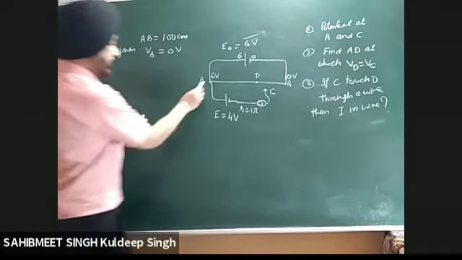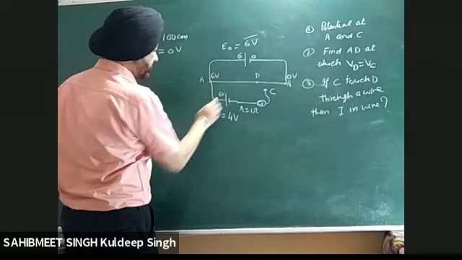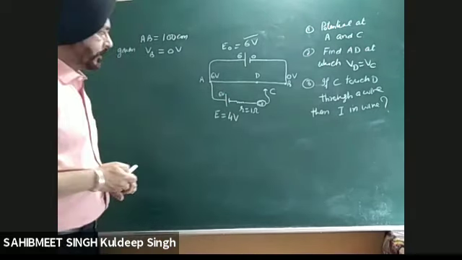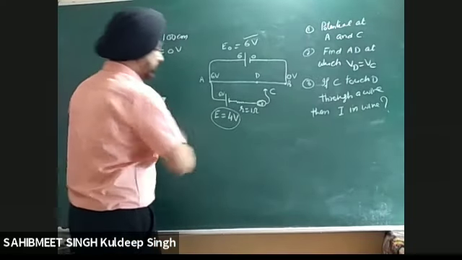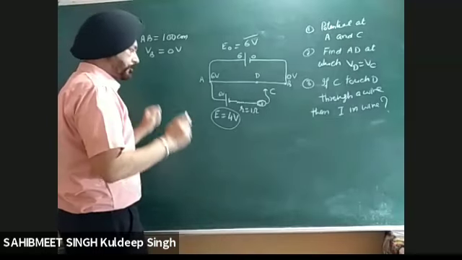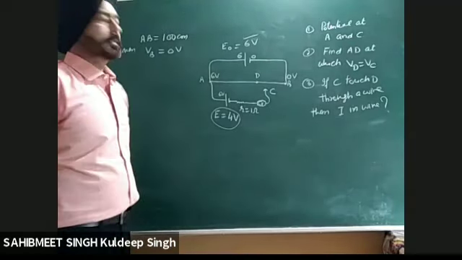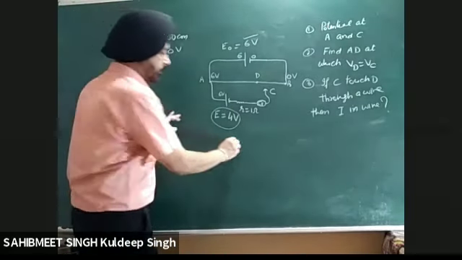And now this 6 volt will go to the other cell also. The positive terminal of the cell becomes 6 volt. The total EMF of the cell is 4 volt. Then what potential should be assigned to the negative terminal of the secondary cell? -2 or +2?